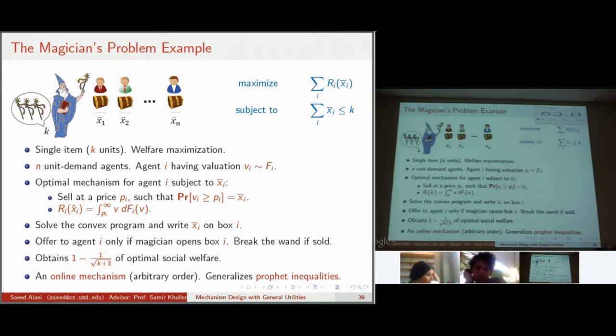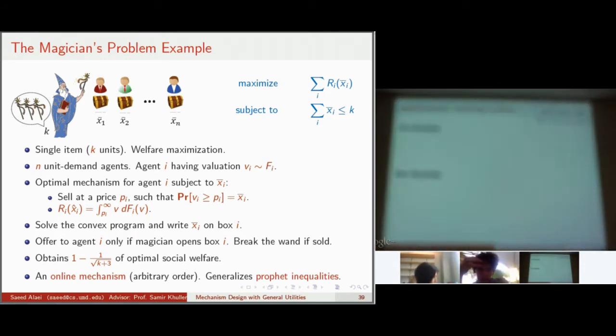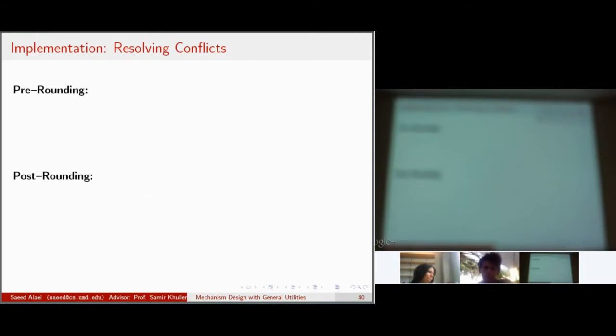You cannot wait until they are all there. And it gives you a way to handle that. It also generalizes prophet inequalities, which is basically the same problem with a different statement, where k is equal to 1.